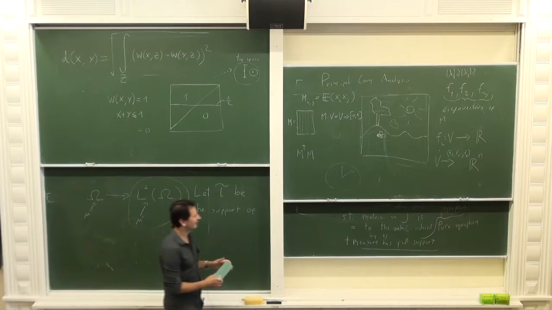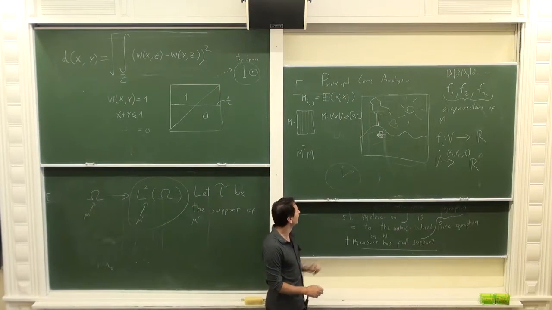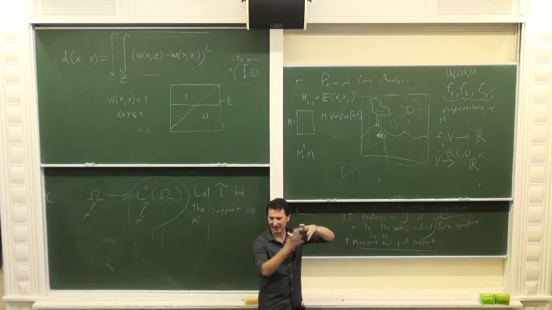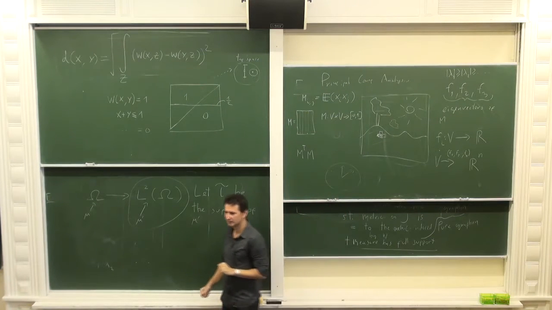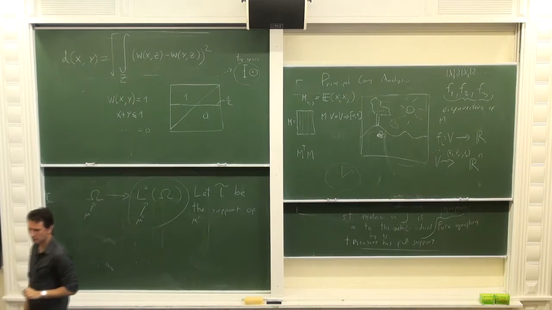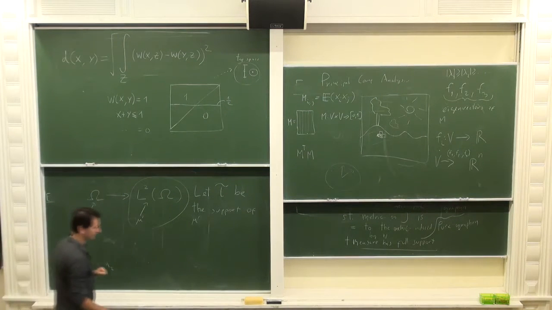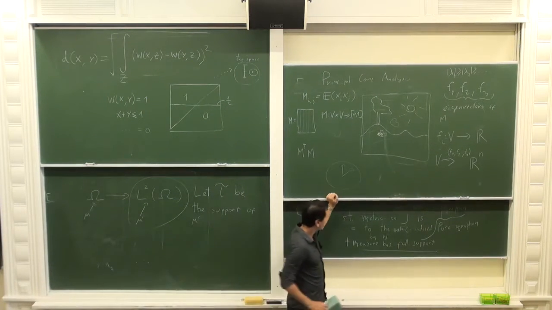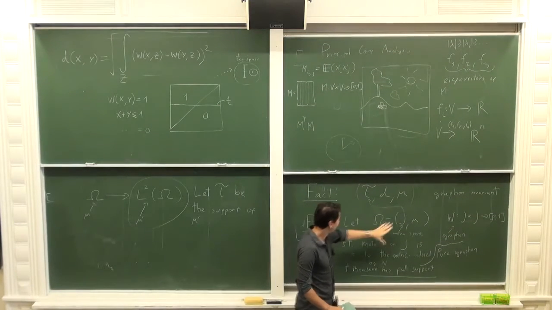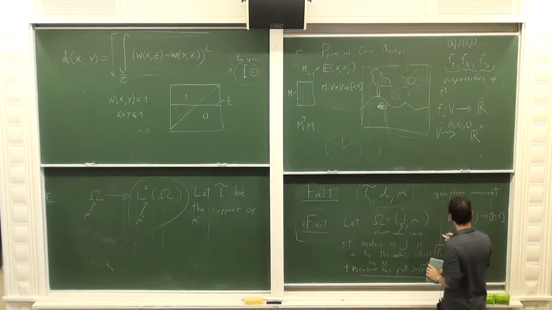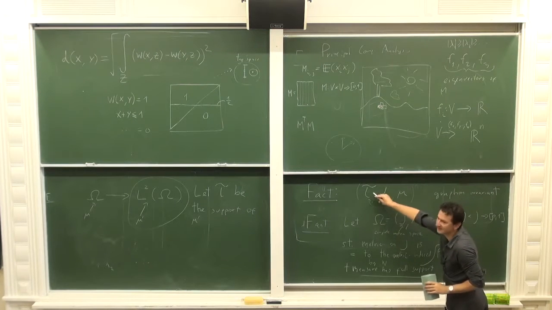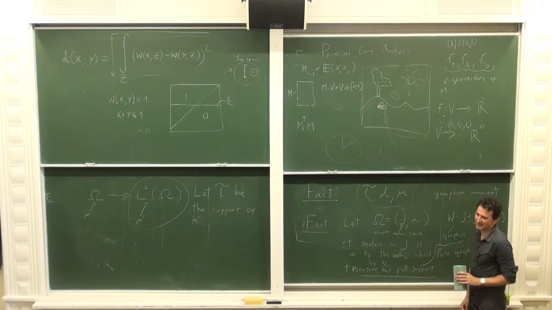So basically the intuition is that if two points are close, then their neighborhoods are almost the same. The fact about it is that this J is the same as this T. And this is a triviality.